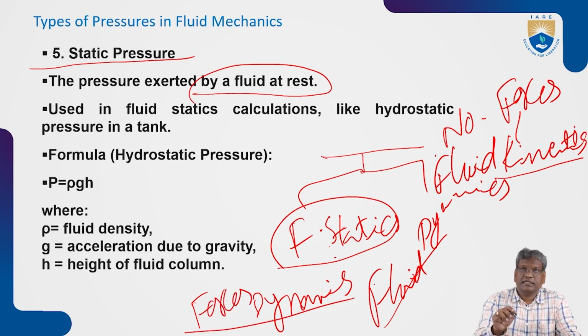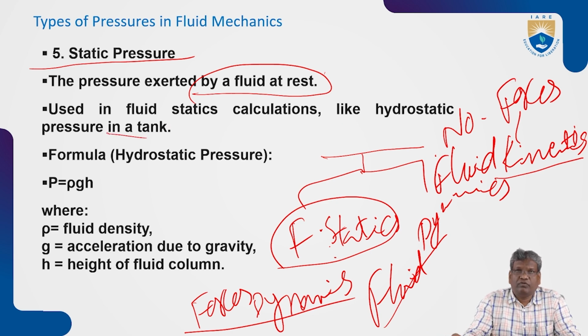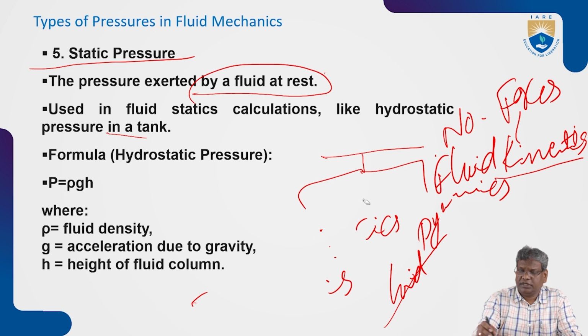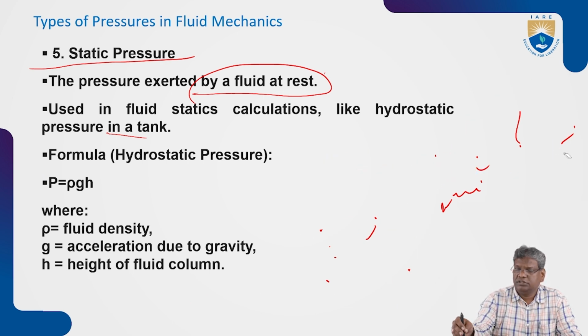So static pressure means the pressure exerted by a fluid which is at rest. Static pressure is used in fluid statics calculations like hydrostatic pressure in a tank. What is the hydrostatic pressure inside the overhead tank? What is the formula for that? In manometers, generally the static pressure will come into picture.